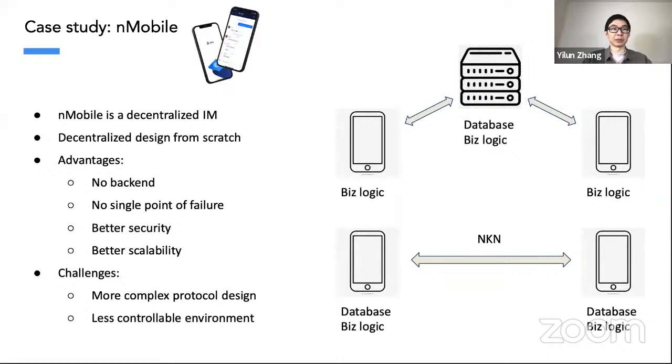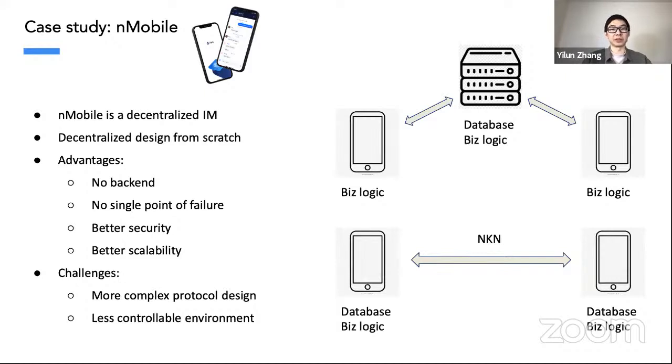Here I'm going to show you one of the case studies, N-Mobile. N-Mobile is a decentralized IM that we are developing in-house. You can think of it as a decentralized messenger, a decentralized WhatsApp or something. We designed it from scratch, with a completely decentralized architecture.